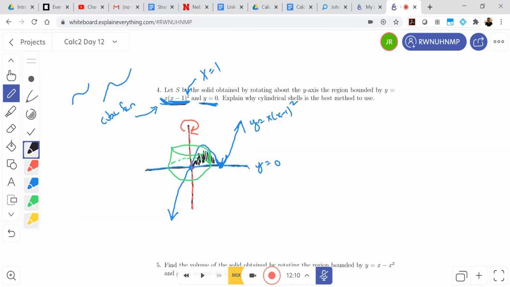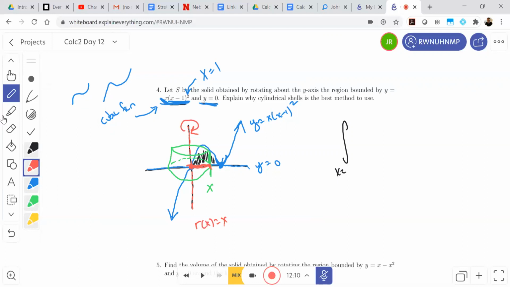The method of cylindrical shells would then suggest that at a given x value, like this x value right here, we would have a formula. This would be x goes from something to something. We have the radius at x. And notice the radius at this point is just going to be that distance there. That's just x itself. So we get r of x equals x.